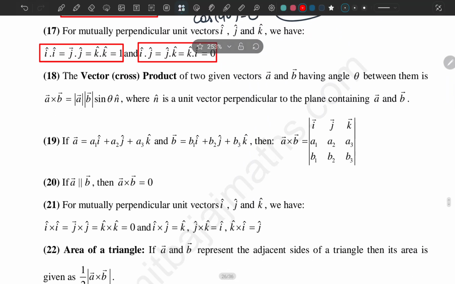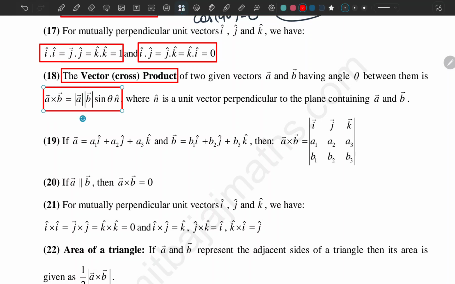Okay, the vector or cross product, so it's just this: a vector cross b vector equals the magnitude of a vector times the magnitude of b vector times sine theta and n cap, perpendicular to the plane containing a and b.